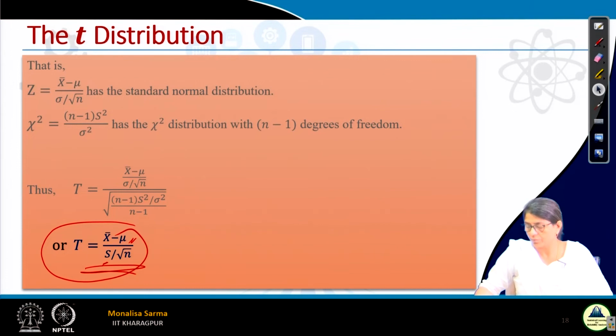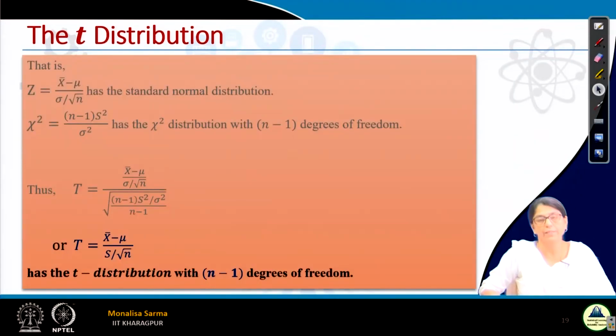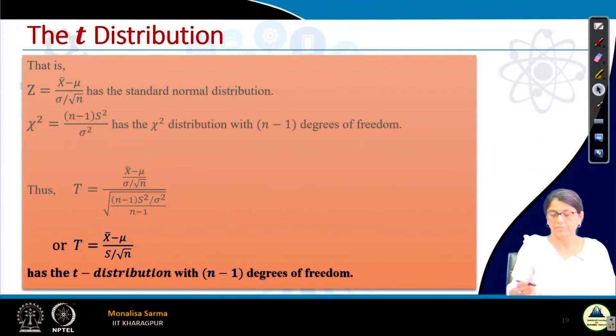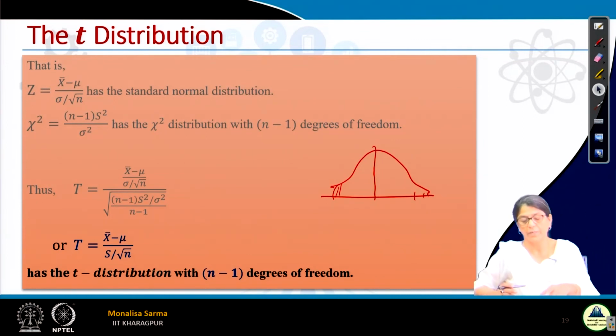Okay, so now some more characteristics of the t distribution. If I draw the figure for the t distribution, it is very much similar to the normal distribution, but it has a fatter tail. This tail portion is fatter compared to the normal distribution. Fatter means the probability of occurrence of the random variable here is quite a bit more compared to the normal distribution.